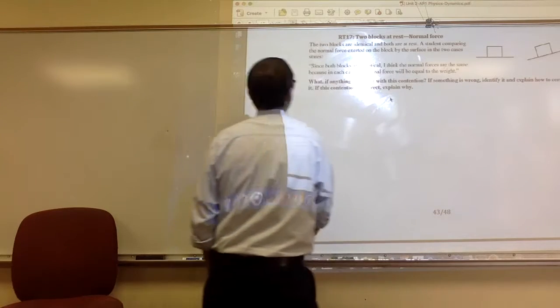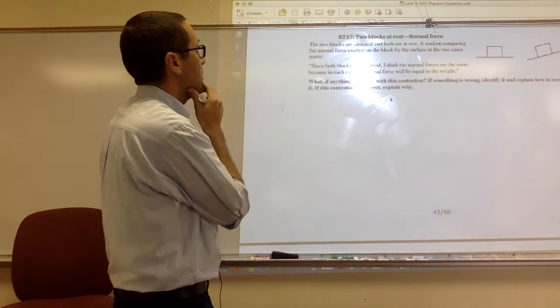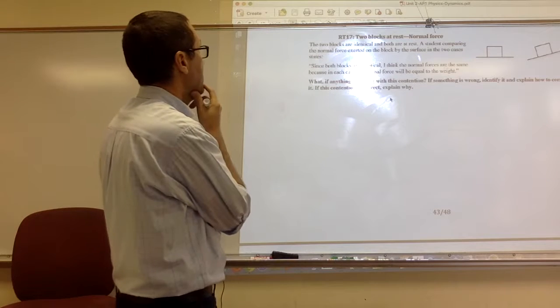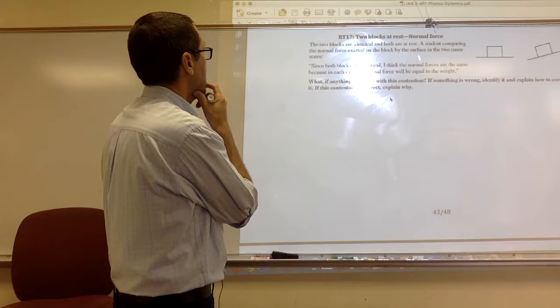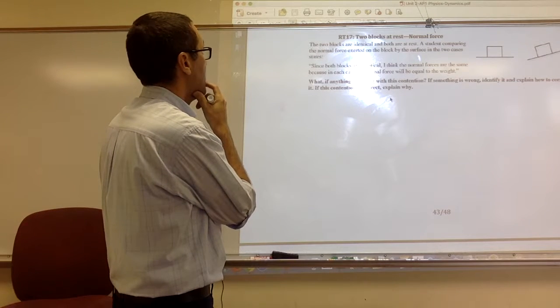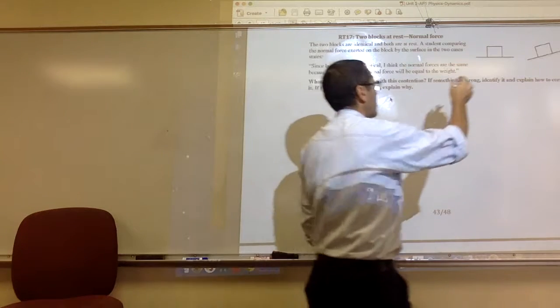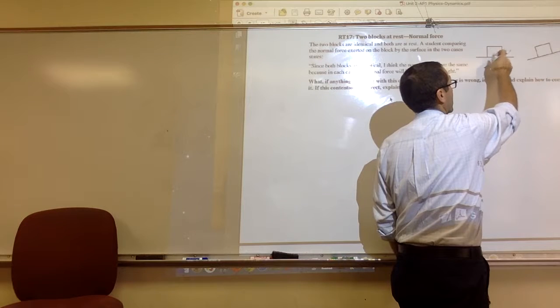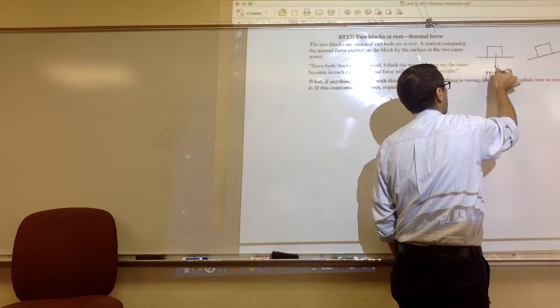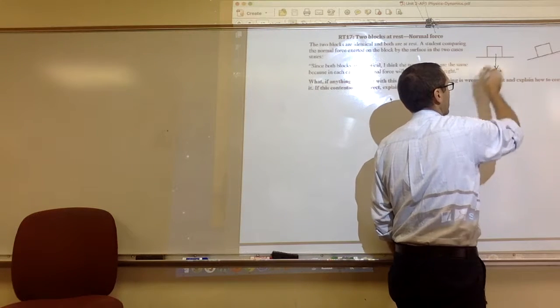Okay, 2 blocks. So you have 2 blocks, one on a flat surface and one on a ramp. So this person is saying that I think the normal force is the same in both cases, which is not true. Now, in the first case, the normal force is equal to the mg, because you only have to support the mg.